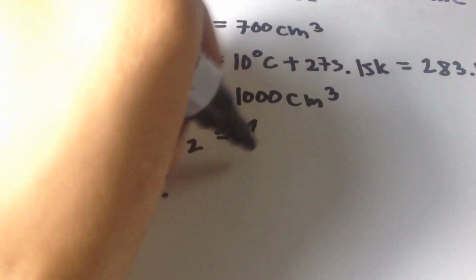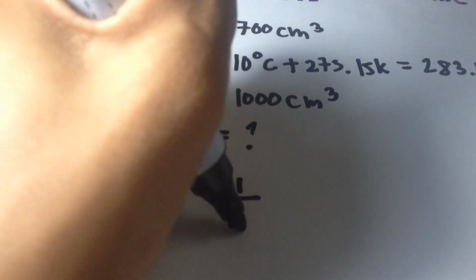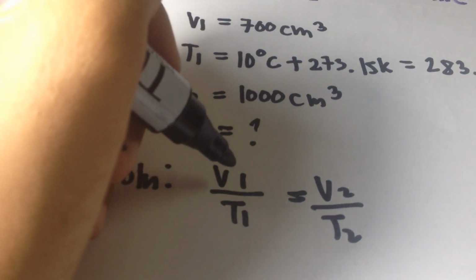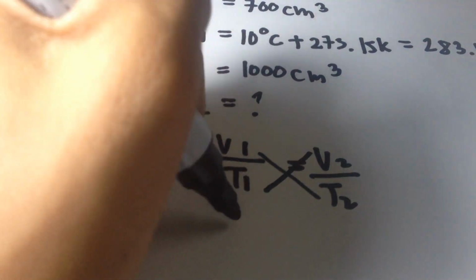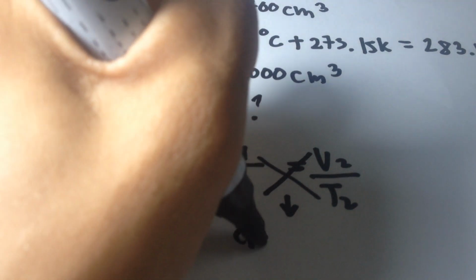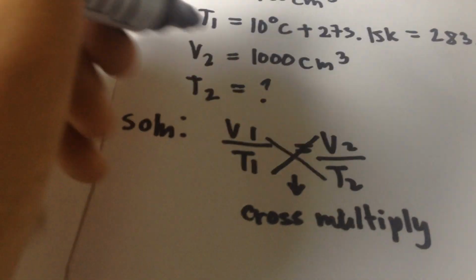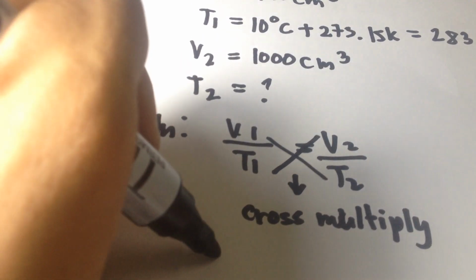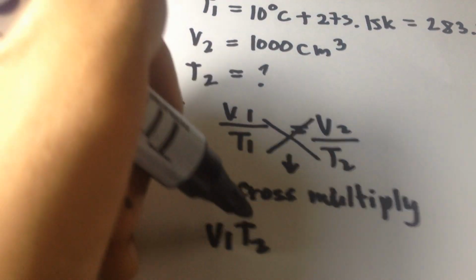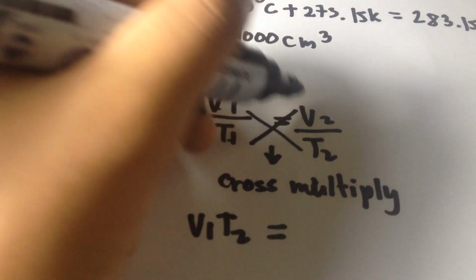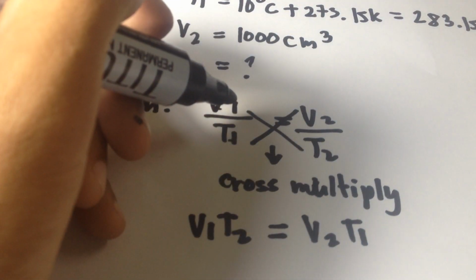So V1 over T1 equals V2 over T2. We need to cross multiply. So V1 times T2 is equal to T1 times V2.